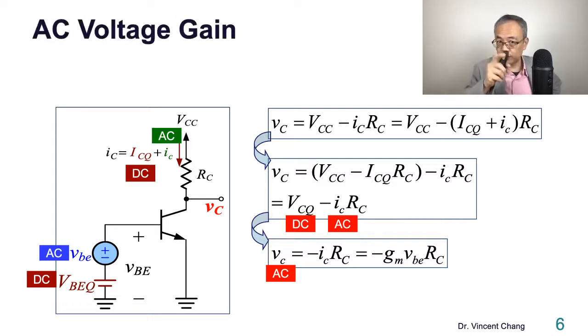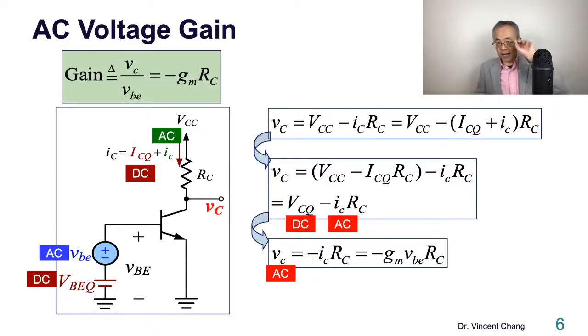Then we can define a quantity called the AC voltage gain, which is the AC output voltage divided by the AC input voltage. Again, don't mess up the three expressions. Make sure you have clear writing if you take notes. DC is DC, AC is AC, and total instantaneous is total instantaneous.